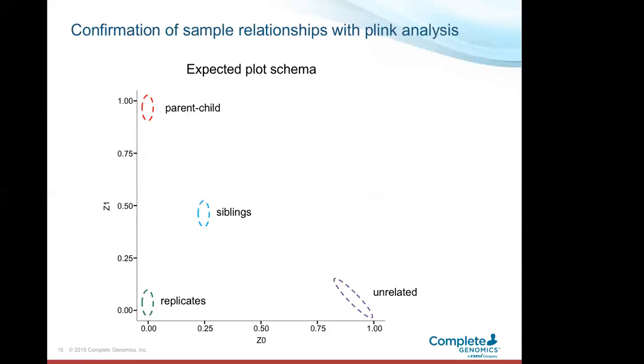Plink analysis is an effective way of showing sample relationships when plotting the Z0 versus Z1 from the IBD analysis. The expected location of pairwise comparisons is shown here in this plot. For example, for replicates, the data are expected to be located close to the 0 point.